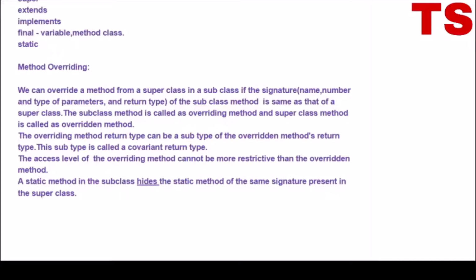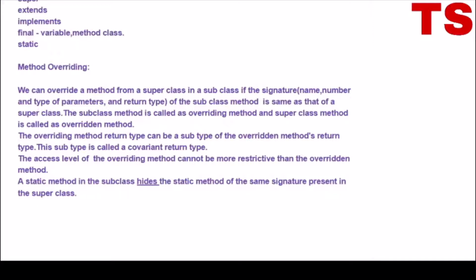Suppose you have Animal as the return type of a superclass method and Dog is a subclass of Animal. Since Dog extends Animal, the return type of the subclass method can be Dog, and this is called a covariant return type. That is a subtype of the return type of the superclass method.